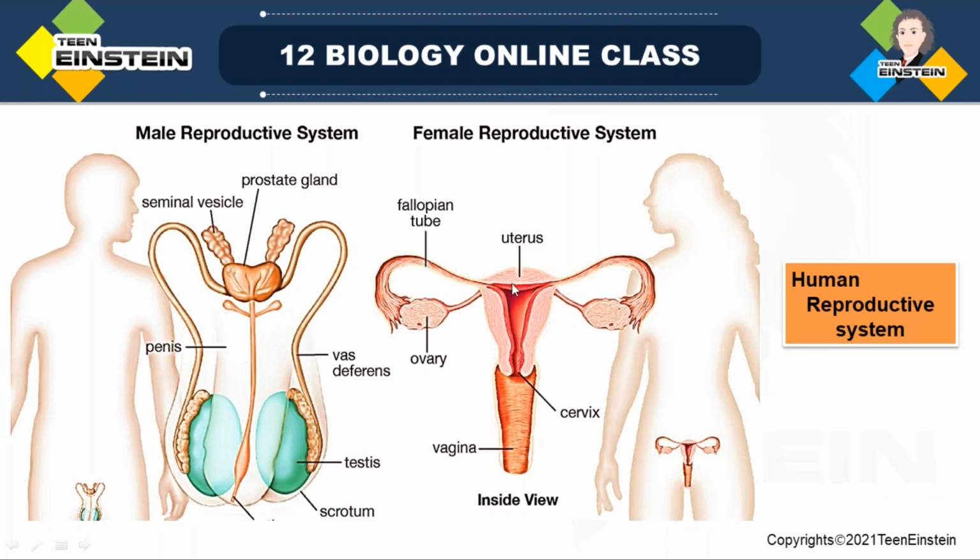Uterus. Here you can see this is the uterus. Next, vagina. This one. And external genitalia. Okay. And a pair of mammary glands is also a part of this, right? That is also supporting the female reproductive system. That makes a complete female reproductive system.